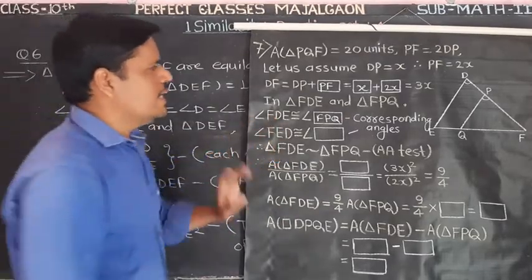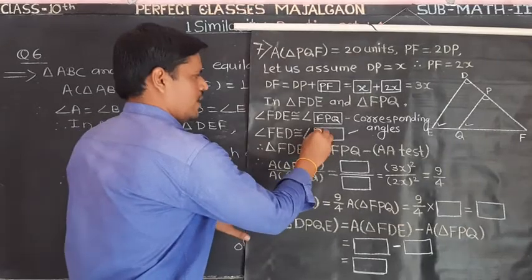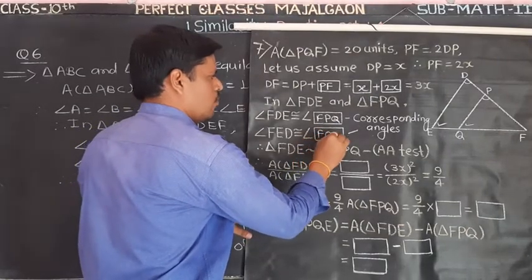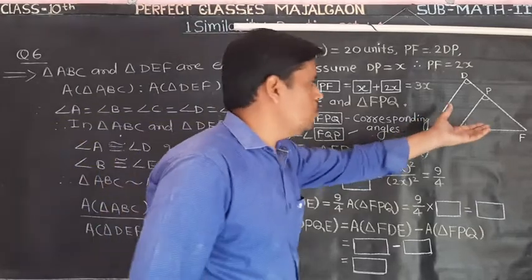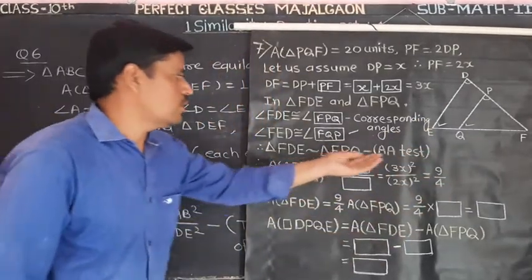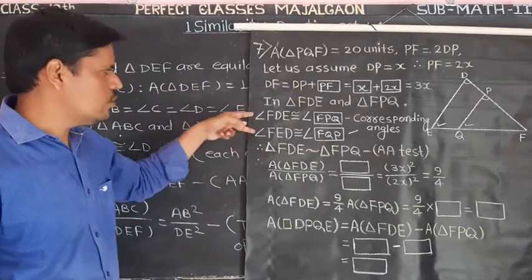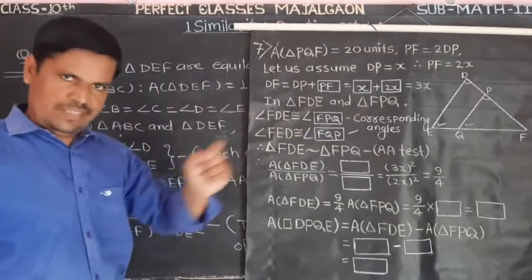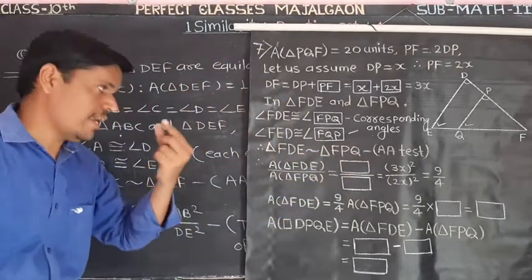Also angle FED and angle FQP are corresponding angles. Now these two triangles are similar by the AA test, the angle test, because these two angles are congruent to these two angles.